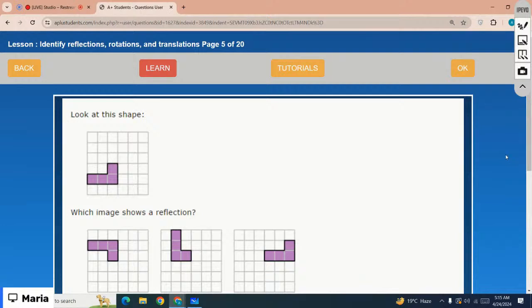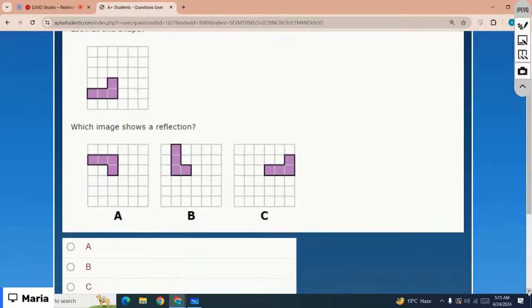Look at this shape. Which image shows a reflection? Which is the correct option?